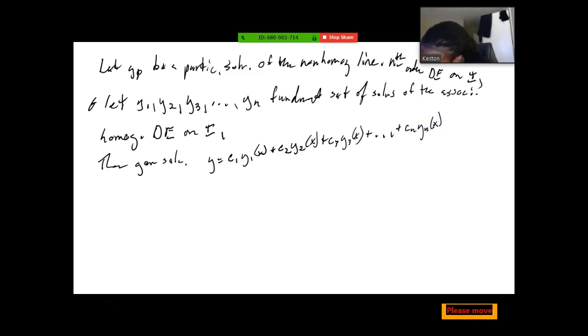That covers your homogeneous solution. That covers your fundamental set. It covers everything.